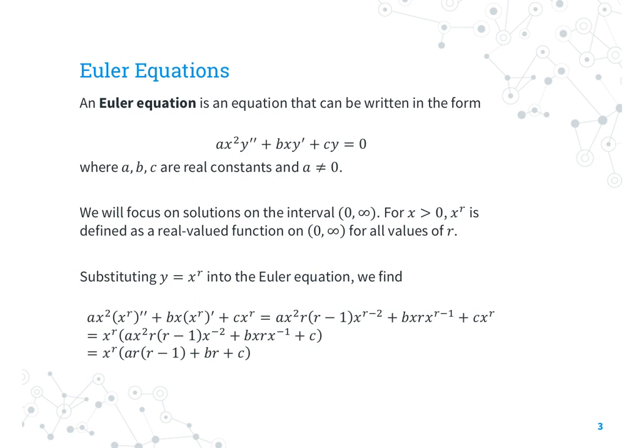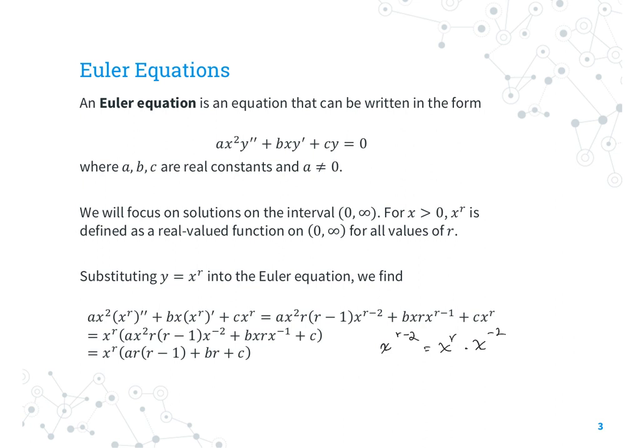If we factor out an x to the r from all of those terms, x to the r minus 2 is the same as x to the r times x to the minus 2, and we just factored out the x to the r.